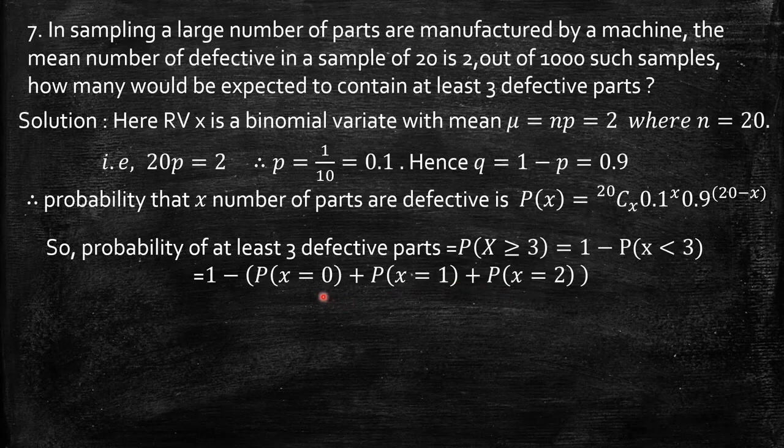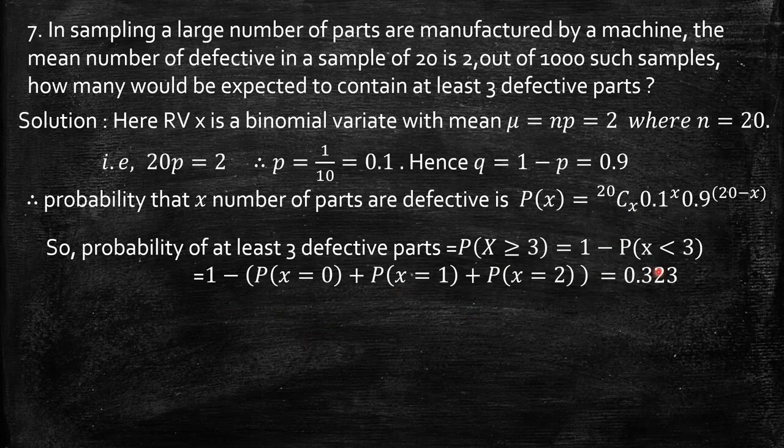Here each I can get by using this probability function already defined over here, 20Cx 0.1 power x, 0.9 power 20 minus x, substitute x equal to 0, 1, 2. And simplify, which simplifies to 0.323. So we can take that by substituting x as 0, x as 1, x as 2.